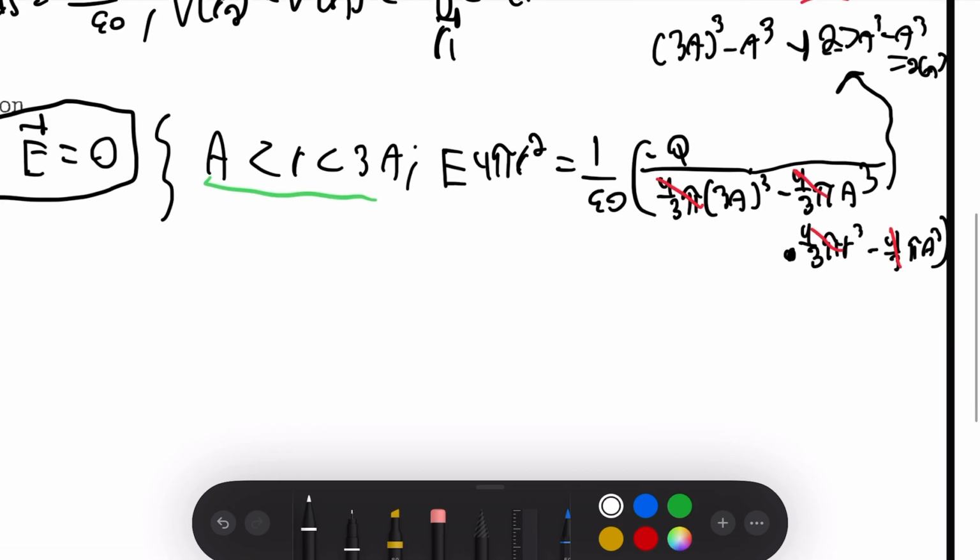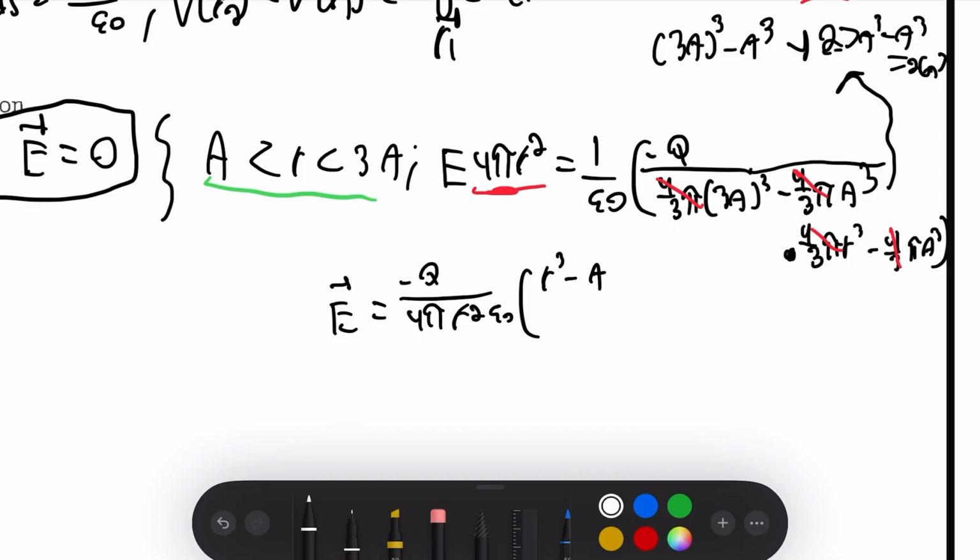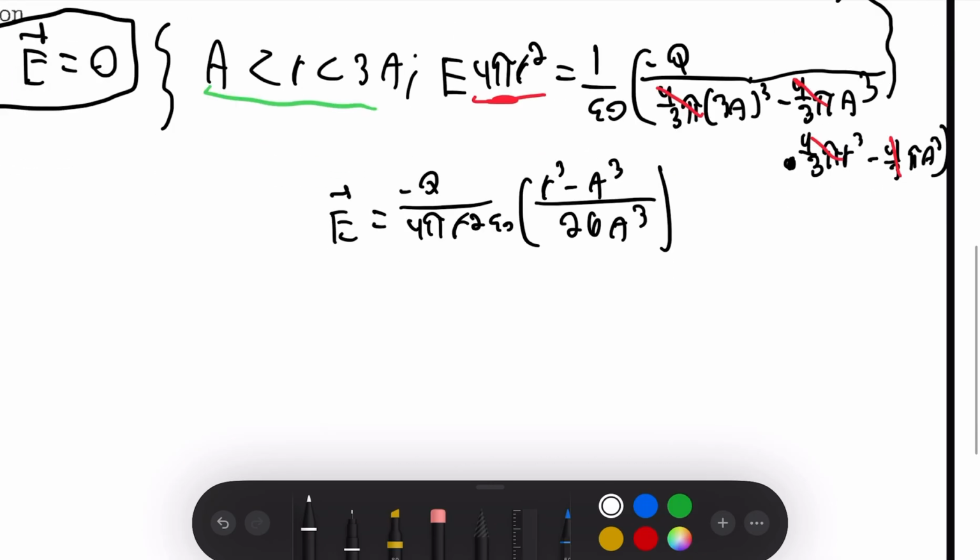So then I'm going to have the electric field is negative Q divided by this part. I'm dividing by this, right? So 4 pi r squared epsilon naught. And I'm going to have r cubed minus a cubed divided by, what did I say? 26a cubed. And then I can bring the 4 to the denominator.